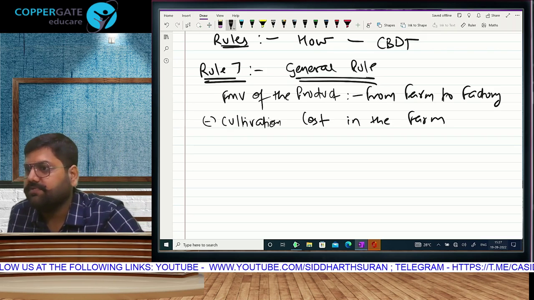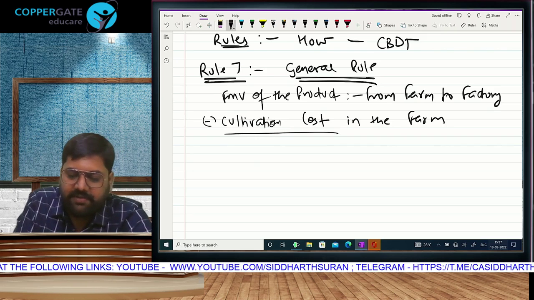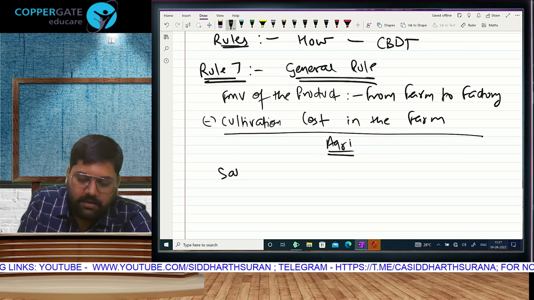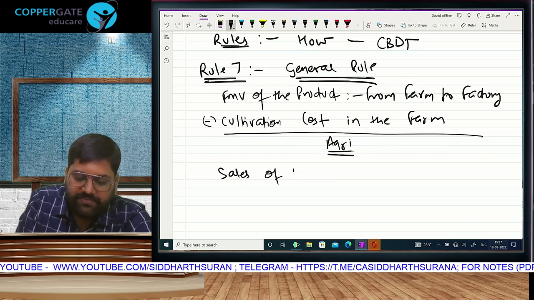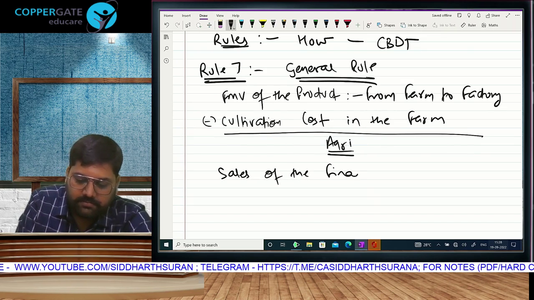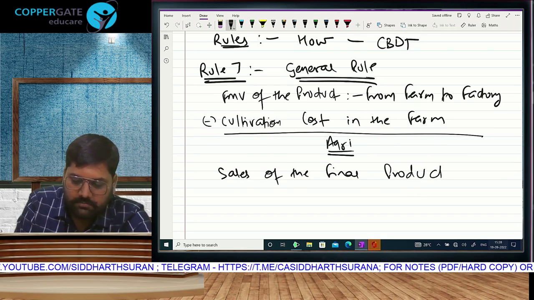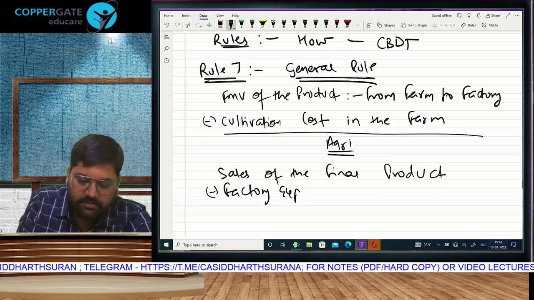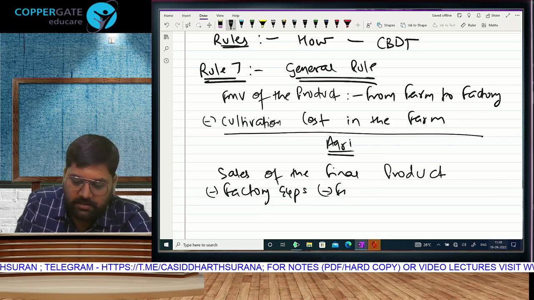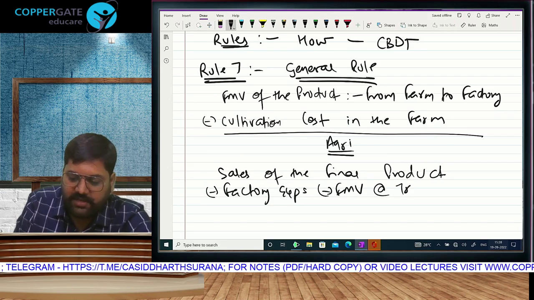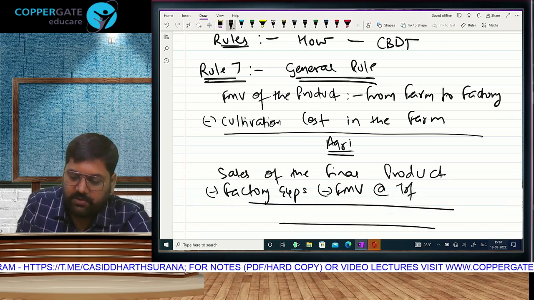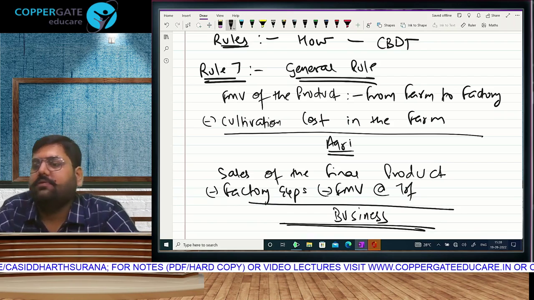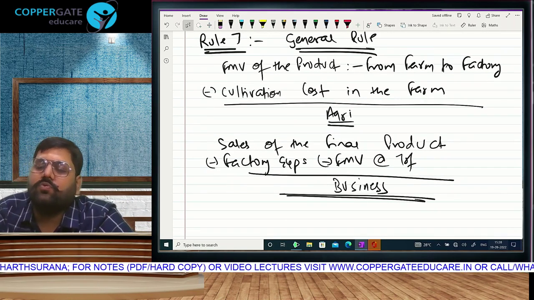Obviously cultivation cost will be in the farm, no? That will be taken as agriculture income, and sales of the final product minus factory expenses minus FMV at the time of transfer is going to be your business profit. ये है जनरल.